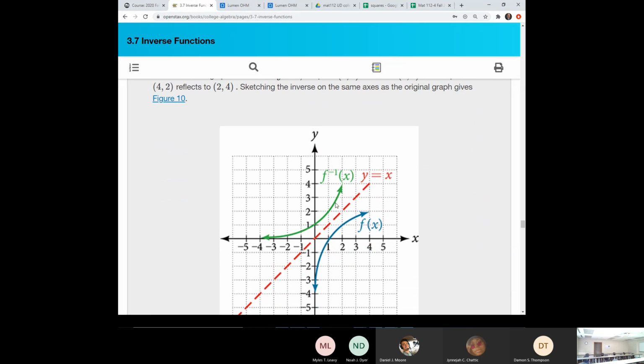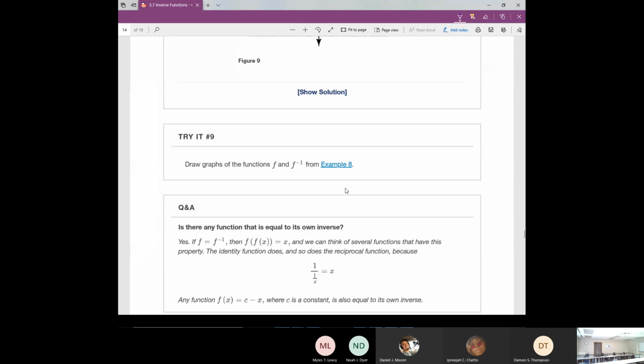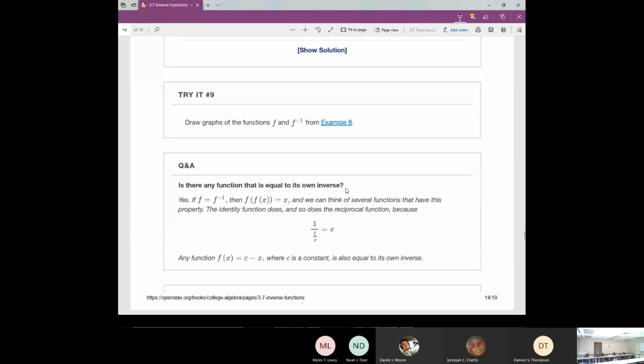There is the inverse, basically reflecting it around. Another way to think of it is flipping our page over and seeing the inverse displayed on the back side. So reflecting it around that diagonal line gives us our inverse.